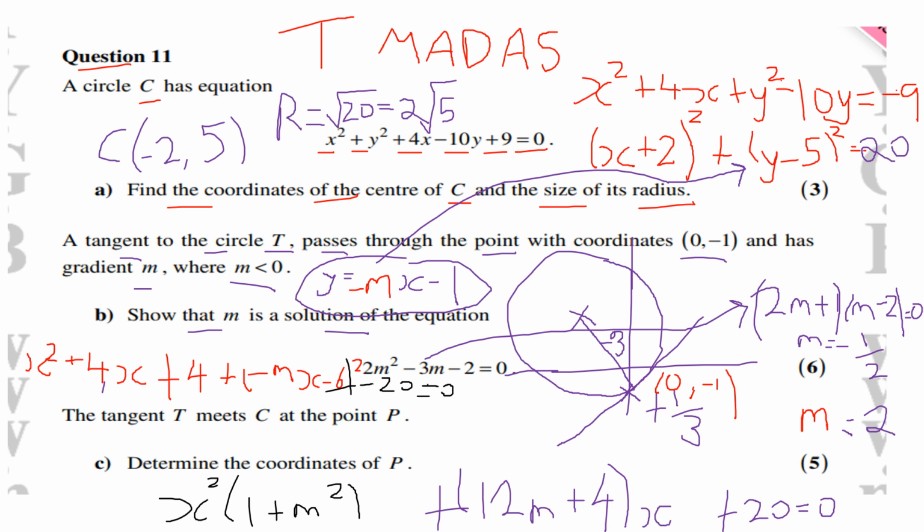And then I'm going to set the discriminant. So b squared minus 4ac is equal to 0. And then we will get our quadratic in that form. So a is equal to 1 plus m squared, b is equal to 12m plus 4, and then c is equal to 20.